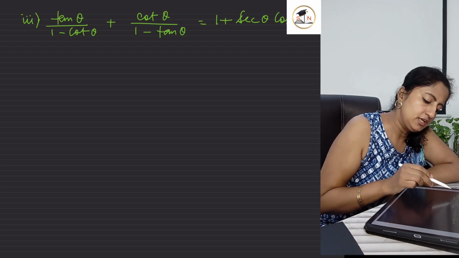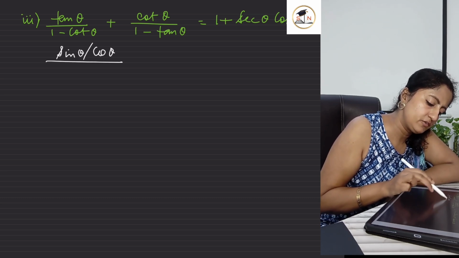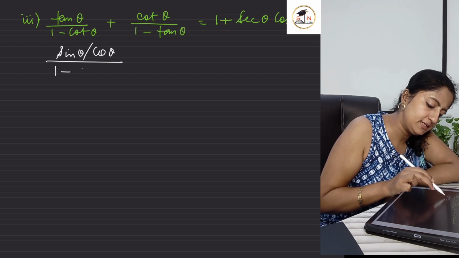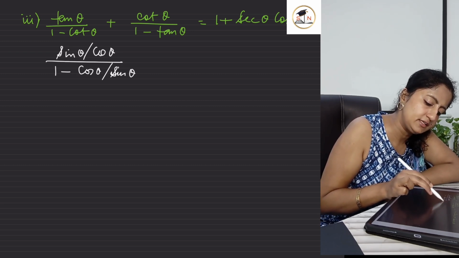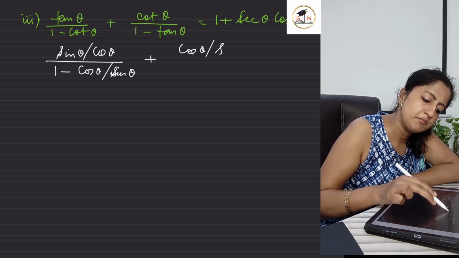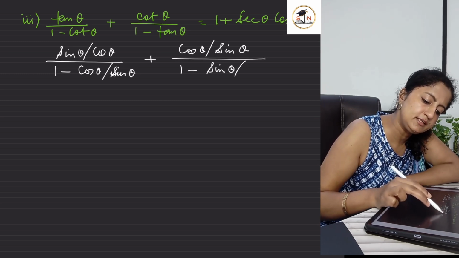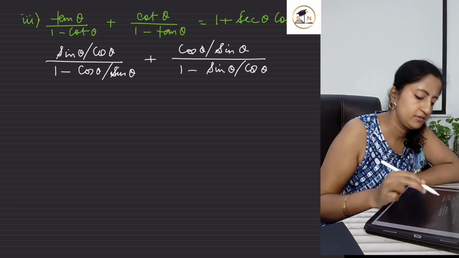Let's start. So, tan theta can be written as sine theta by cos theta over 1 minus cos theta by sine theta. Then plus cos theta by sine theta over 1 minus sine theta by cos theta.